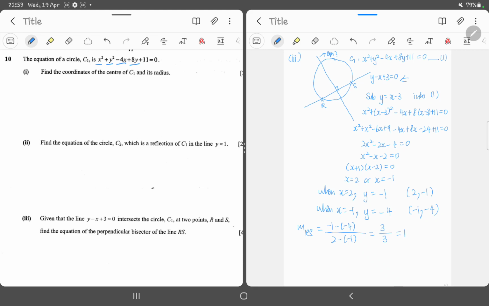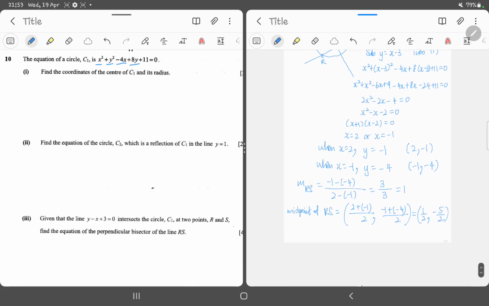So the gradient of the line RS is 1, and the midpoint of RS, we simply take the sum of the x coordinates of the 2 points divided by 2 and the sum of the y coordinates of the 2 points, and we divide it by 2. So this is equals to 1 over 2 and minus 5 over 2. Okay?